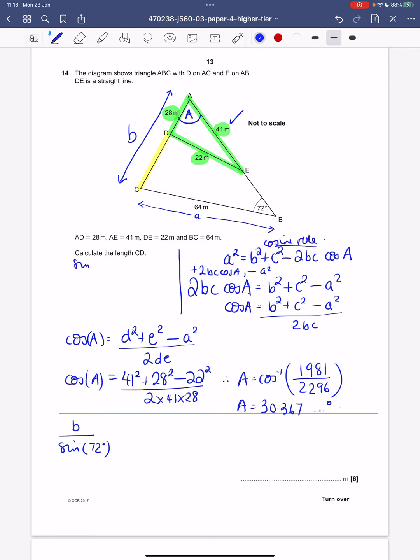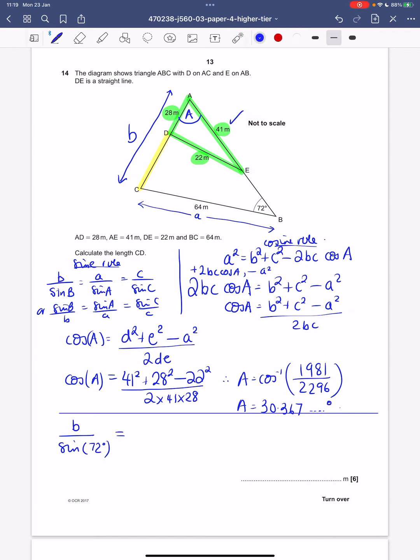The sine rule, I'll just write it here, even though we're using it down there: b over sine B, a over sine A, c over sine C. Or you can do it the other way up: sine B over b, sine A over a, sine C over c. If you want, because we want the side, I've used this one with the side in the numerator.